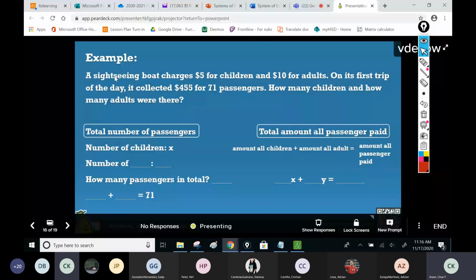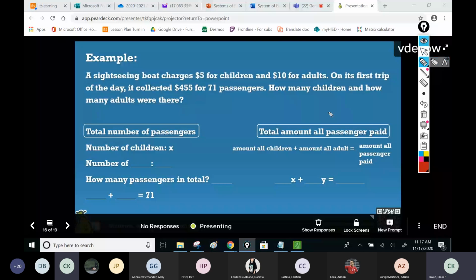A sightseeing boat charges $5 for children and $10 for adults. On its first trip of the day, it collected $455 for 71 passengers. How many children and how many adults were there? So there are 2 statements.